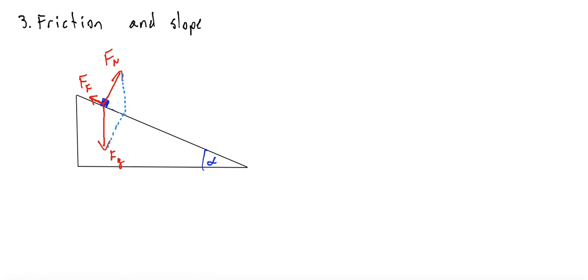Let's name this force which acts down the slope the downward force, Fd. Downward force is the resultant force of normal reaction and gravitational force, Fn and Fg.